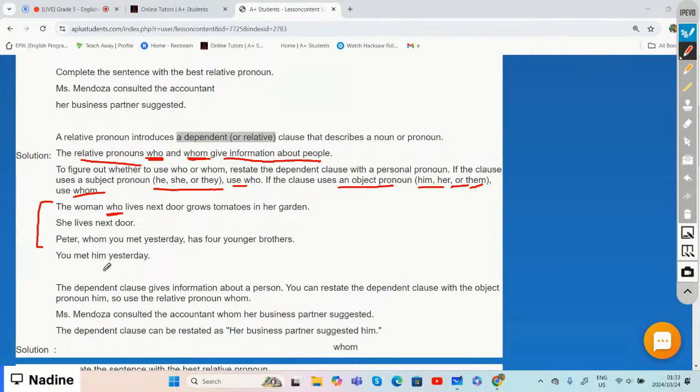So the woman who lives next door grows tomatoes in her garden. At the same time, it is saying she lives next door. The next one says Peter, whom you met yesterday, has four younger brothers.